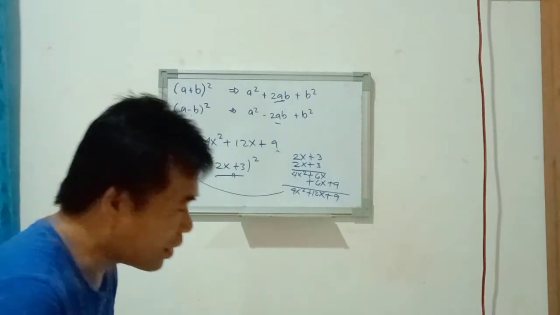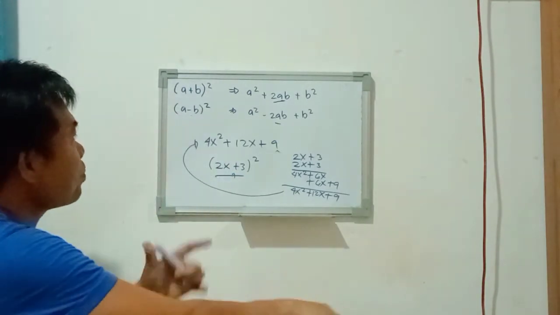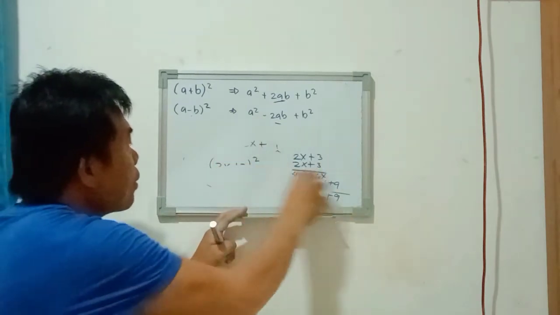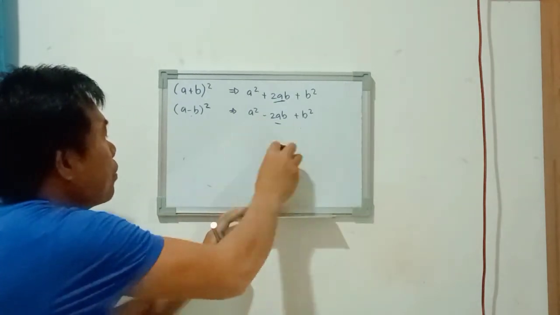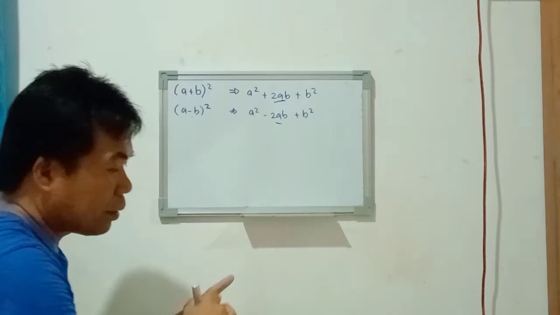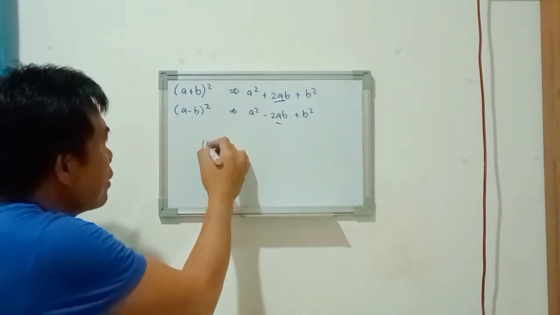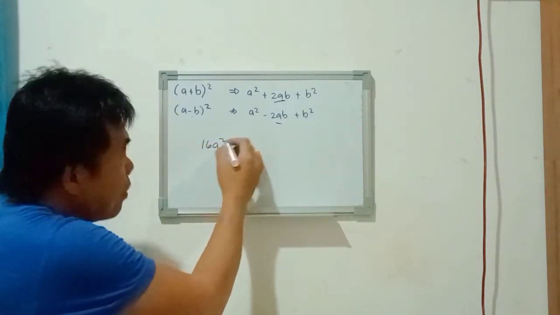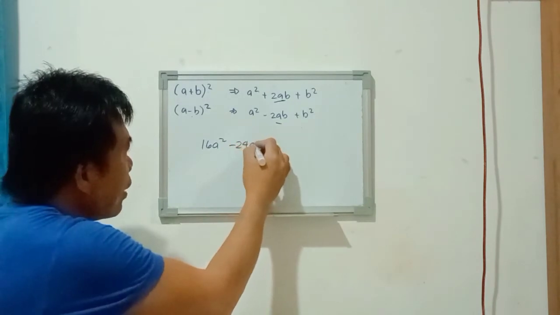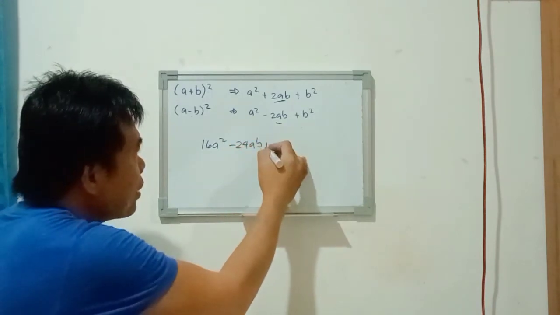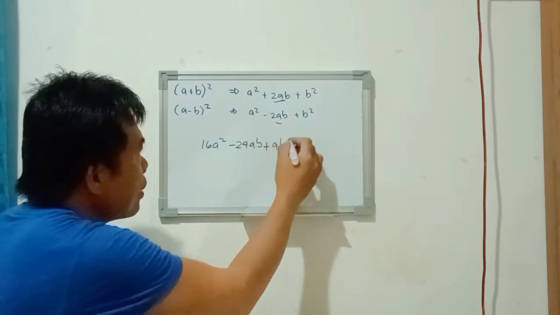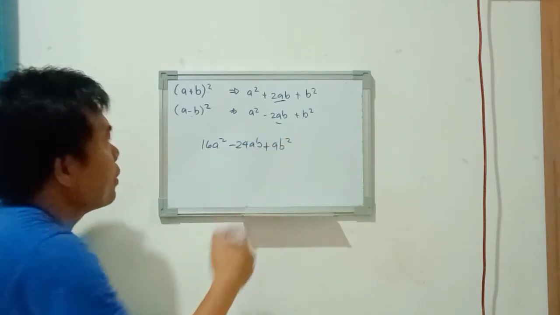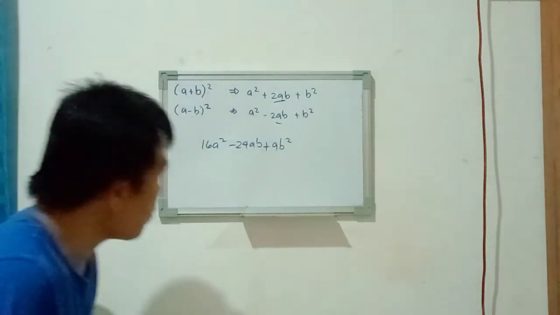So let's have our final example. We have 16a squared minus 24ab plus 9b squared. Again, let's check.